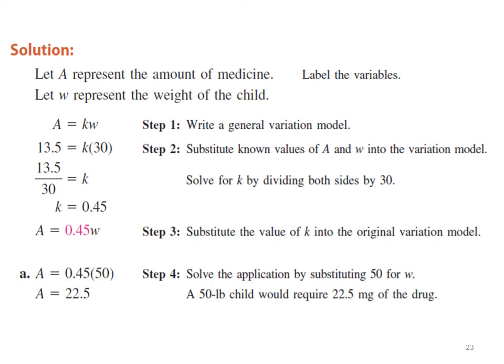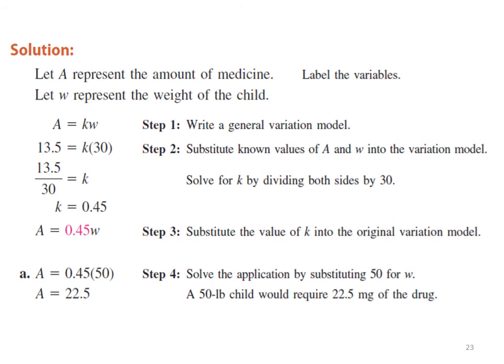And now you can solve the problems that were stated in the example. For example, if you have a child that weighs 50 pounds, the amount of medicine you give him is 0.45 times 50, which is 22.5 milligrams. The other one was 60 pounds.